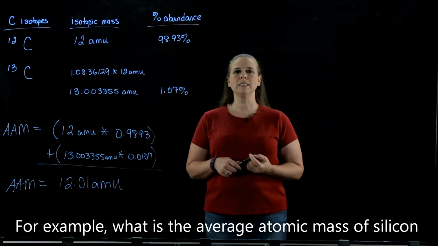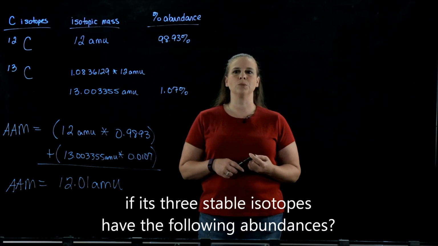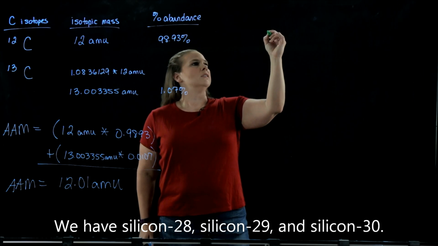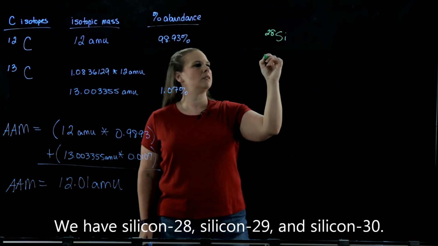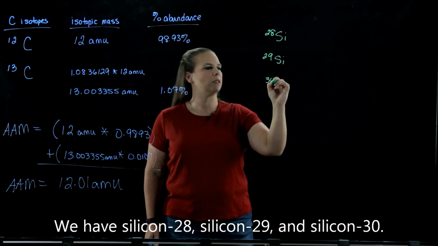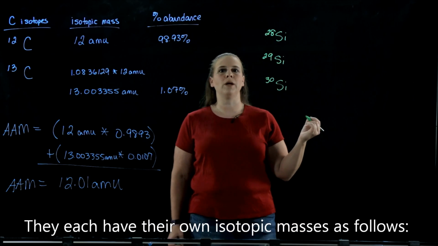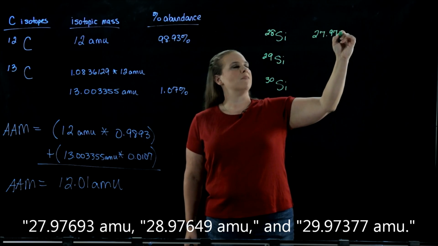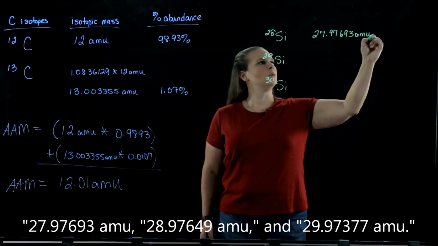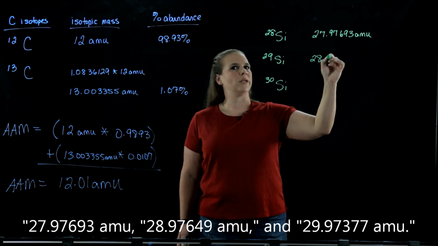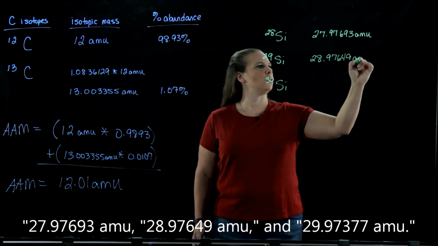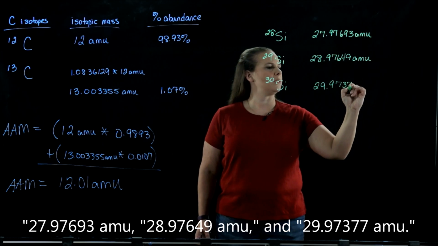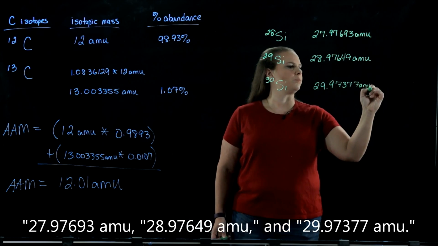For example, what is the average atomic mass of silicon if its three stable isotopes have the following abundances? We have silicon-28, silicon-29, and silicon-30. They each have their own isotopic masses as follows: 27.97693 AMU, 28.97649 AMU, and 29.97377 AMU.